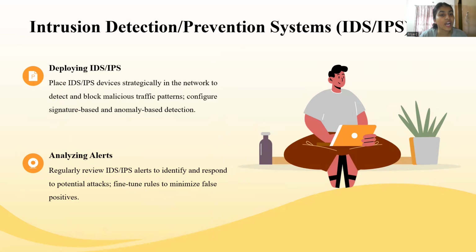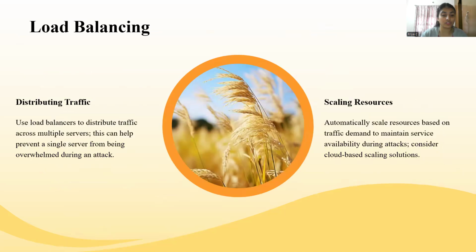One is deploying IDS or IPS, placing the devices strategically in the network to detect and block malicious traffic patterns, configuring signature-based and anomaly-based detection. The other is analyzing alerts. Regularly review the IDS or IPS alerts to identify and respond to potential attacks, and fine tune the rules to minimize false positives.